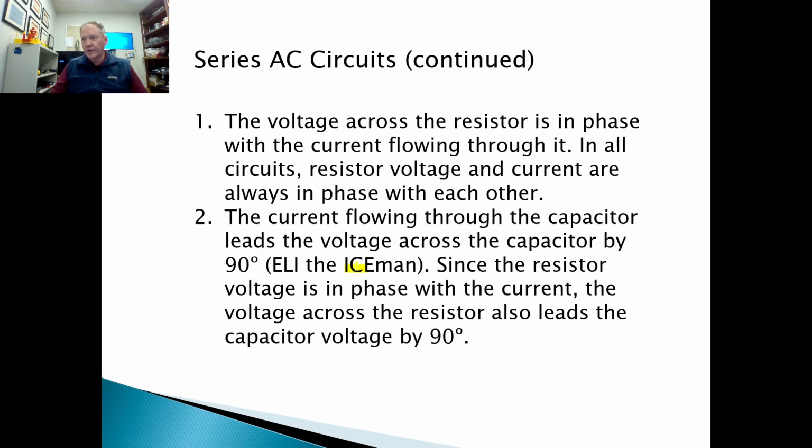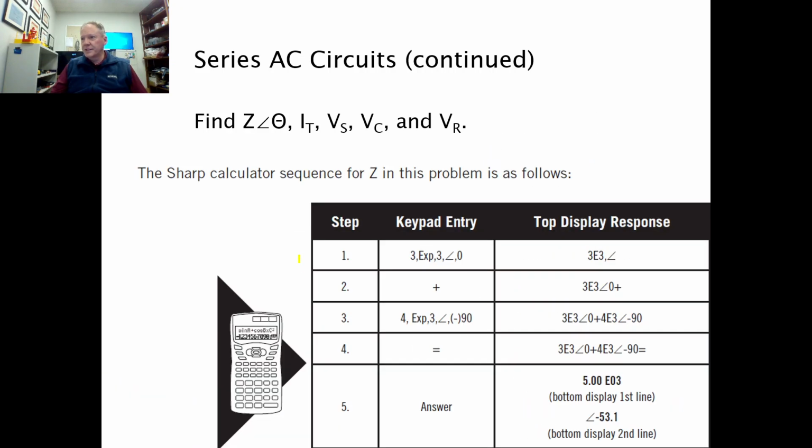Current comes before the voltage in a capacitor, and then it's the opposite in an inductor. So the current leads the capacitor voltage by 90 degrees. Now, since the resistor voltage is in phase with the current, the voltage across the resistor also leads the capacitor voltage by 90 degrees.